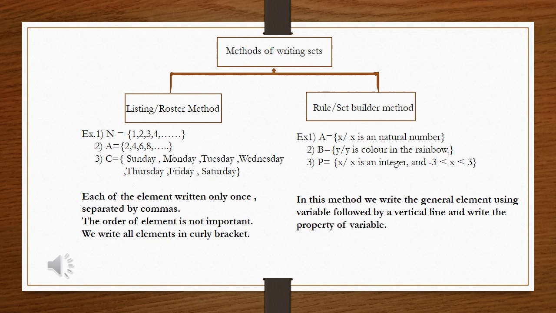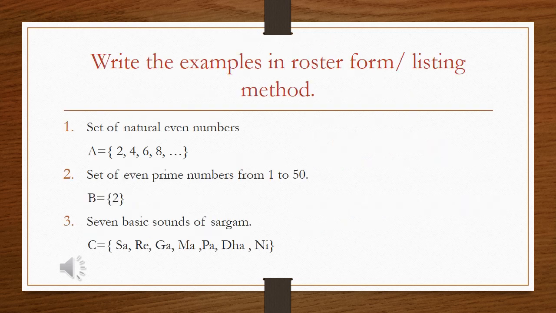Third one is P equal to x such that x is an integer and x takes values greater than or equal to -3 and less than or equal to 3. So in this method we write the general element using a variable followed by a vertical line and write the property of the variable.